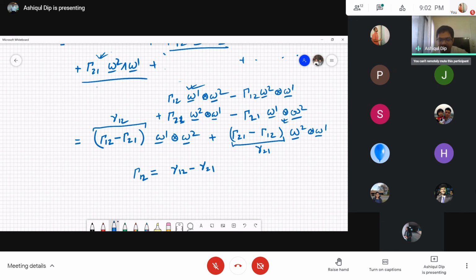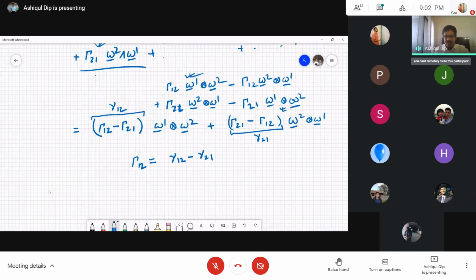Okay, what about big gamma 2 1? Which will be the opposite. That means big gamma 2 1 minus big gamma 1 2. But we have already seen that small gamma 1 2 is the negative of small gamma 2 1, so you can switch these two indices as well.